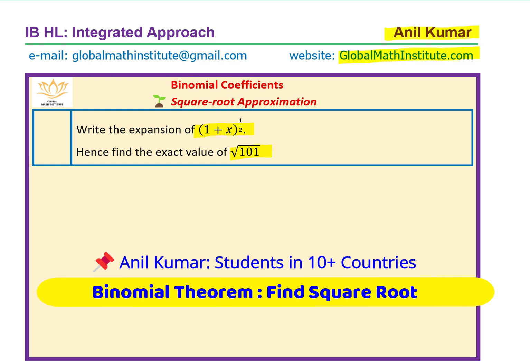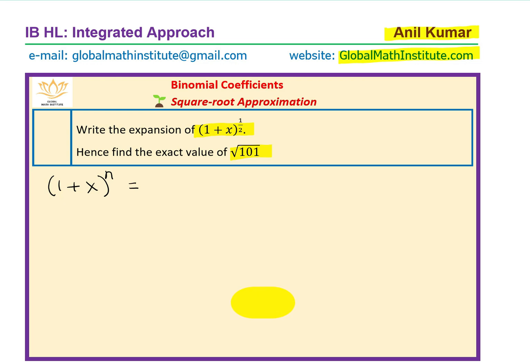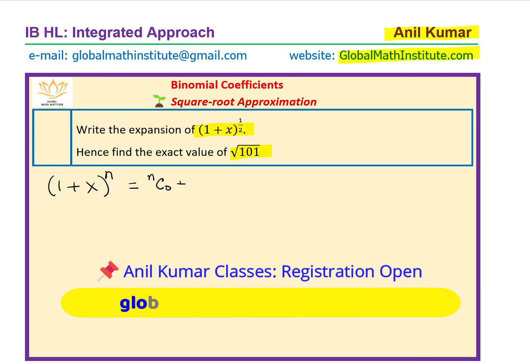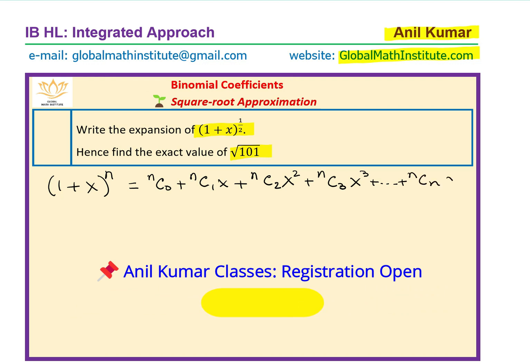defined for rational exponents. So we could write (1 plus x) to the power of n as equal to 1. I could write nC0, which is 1, nC1 x plus nC2 x squared plus nC3 x cubed plus so on, till the last term, which is nCn x to the power of n.